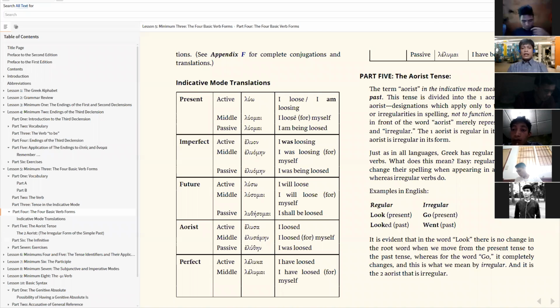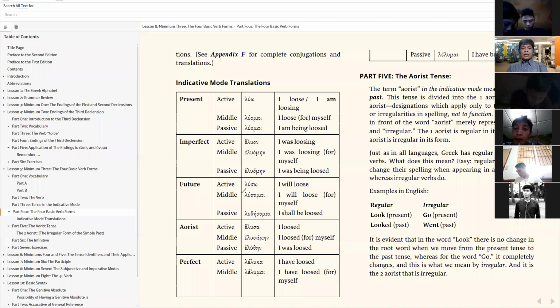So: luo, I loose, I am loosing. Middle, luomai, I loose for myself. Passive, luomai, I am being loosed. For the imperfect, you have active, eluon, I was loosing. Middle, eluomen, I was loosing for myself. Passive, eluomen, I was being loosed.